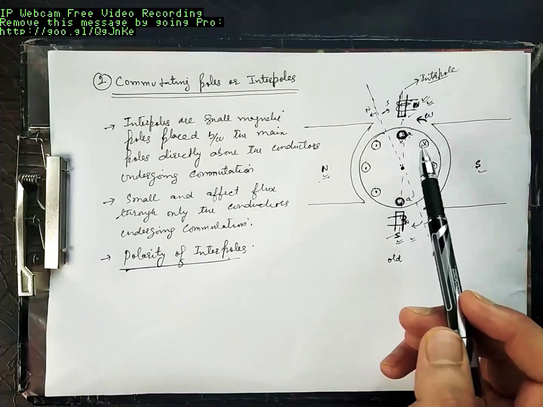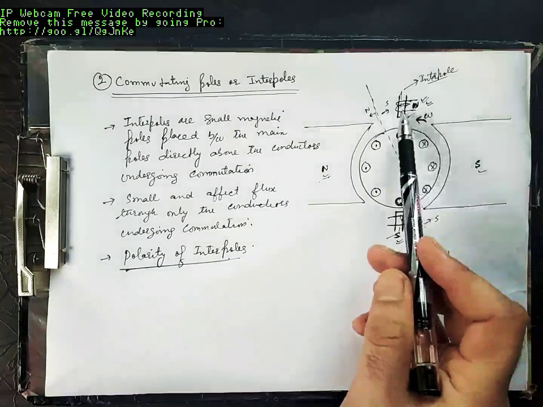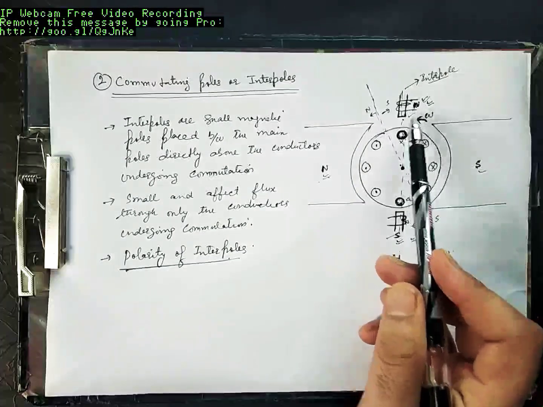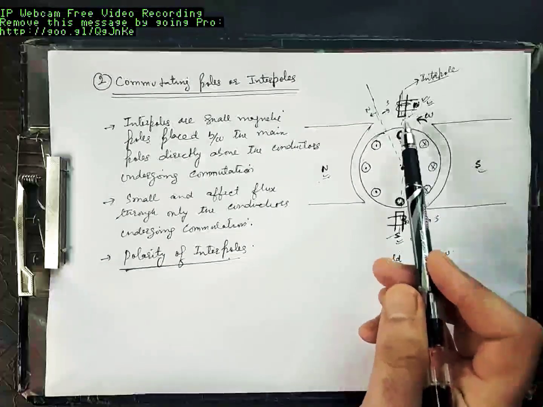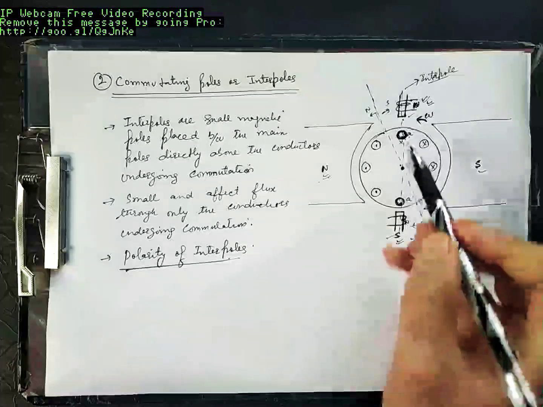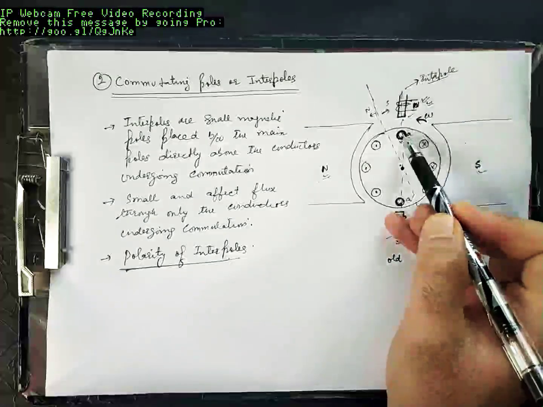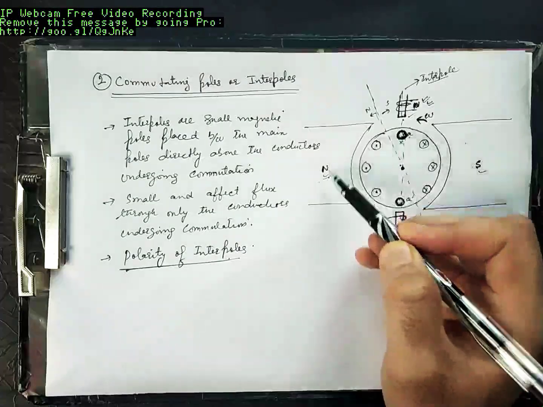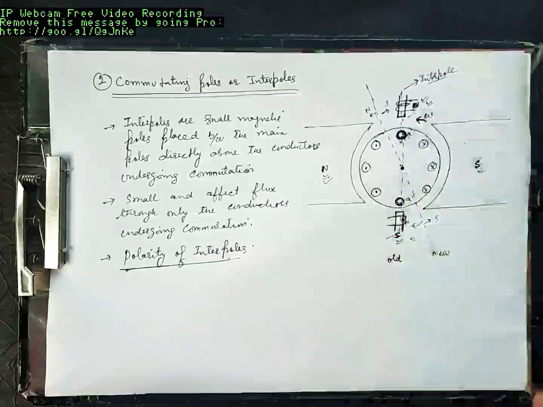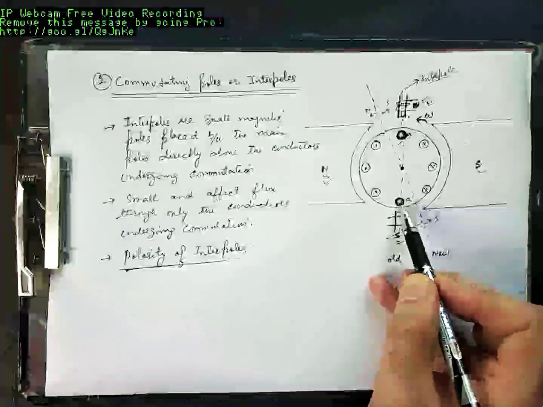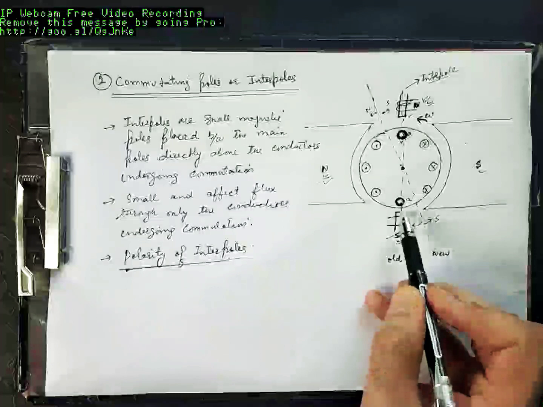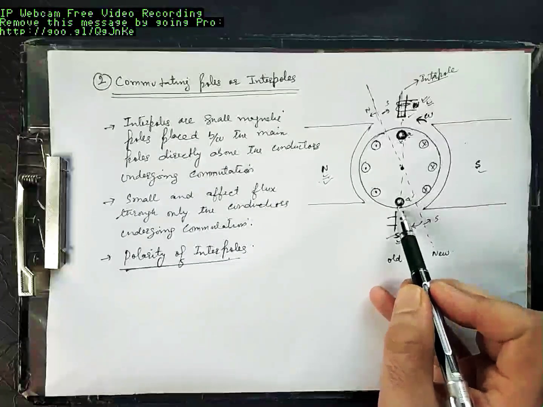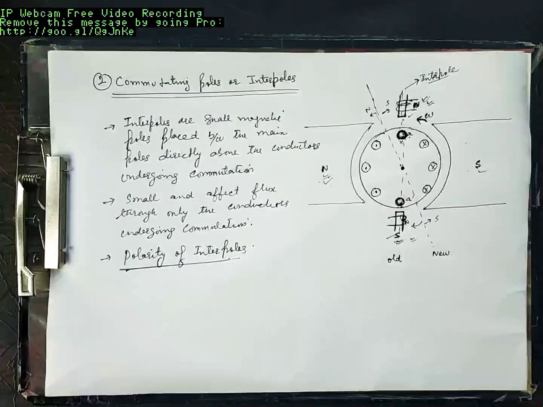The polarity of interpole should be of a pole ahead of the conductor. This conductor is in south pole. What is the polarity of pole ahead of this conductor? That is north pole. They should have north pole. Similarly for this conductor, what is the polarity of pole ahead of this conductor? That is south pole. So this should have a south pole polarity over here. Fine.